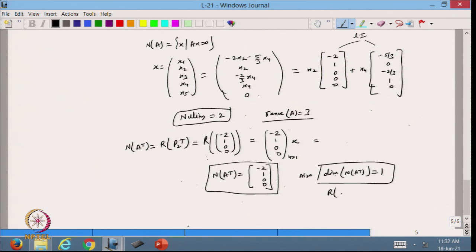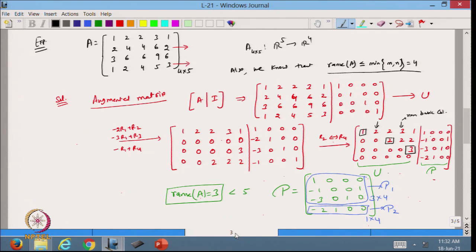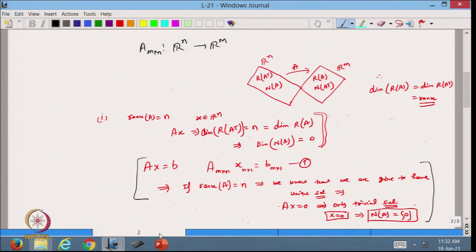So, the range space of A, I know the dimension is 3. So, it is 3 plus 1, 4. Now, it is coming from R5 to R4. So, from here you can check that it is going from R5 to R4. So, the range space has dimension 3, N(A) is 2 dimension. So, it becomes 5 in this case, and it is 3 plus 1, 4.